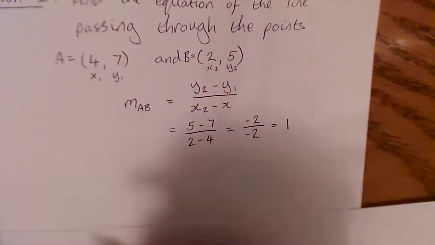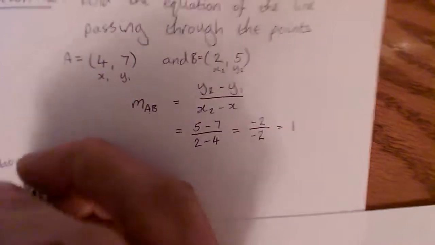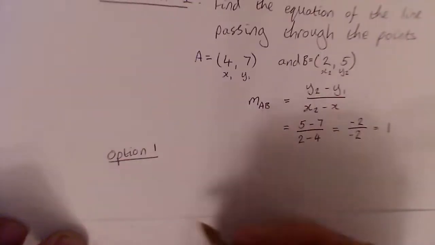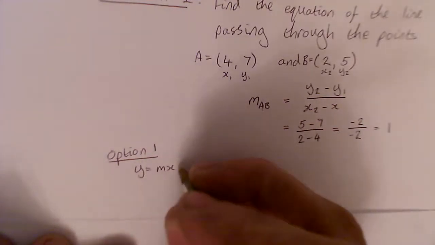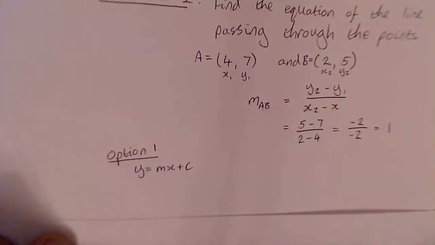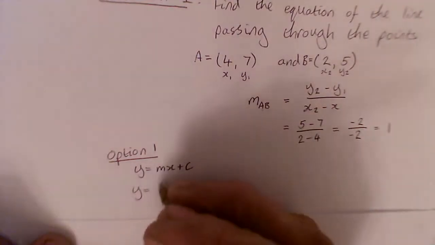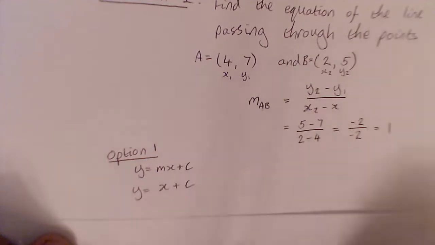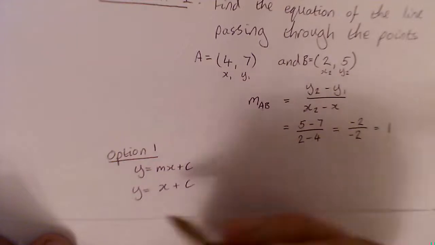Now, we have 2 options at this point. Option 1 is that you use the formula y equals mx plus c. And into that formula, you put our gradient, which is 1. So you get y equals x plus c, and then you substitute in one of our 2 points. I'll put in 4, 7.